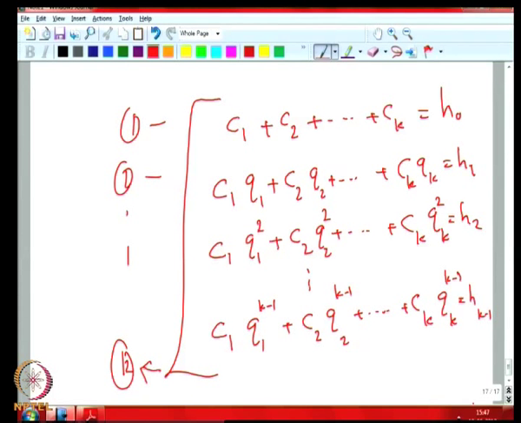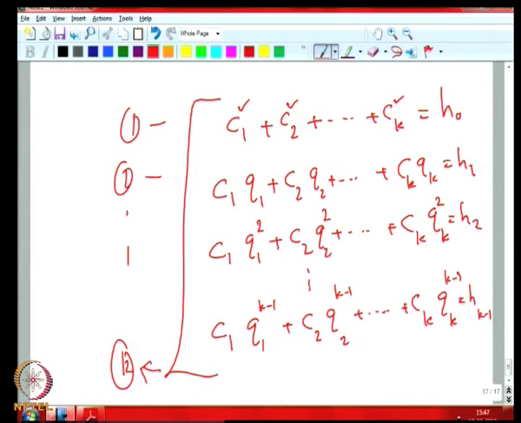The word general is used in the sense that irrespective of the initial conditions, we can find these coefficients C1, C2, Ck such that the solution C1 q1 raised to n plus C2 q2 raised to n plus up to Ck qk raised to n will indeed be a solution for the recurrence relation. The initial conditions will be met and the recurrence relation will be met.